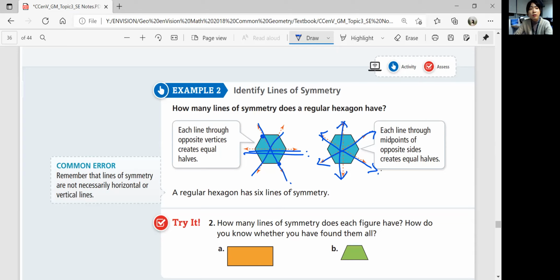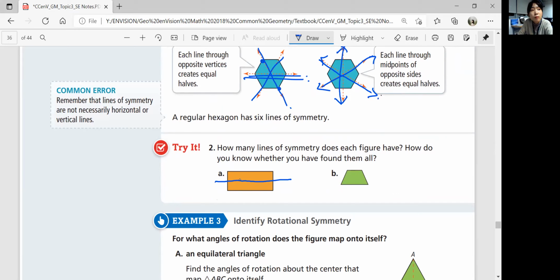How many lines of symmetry does each figure have? What do you see? How do you know whether you have found them all? Okay, first figure out the lines of symmetry. What do you see? In this rectangle, how can you cut it in half? Okay, you can cut it vertically by cutting through the center, and then you can cut through horizontally like this.